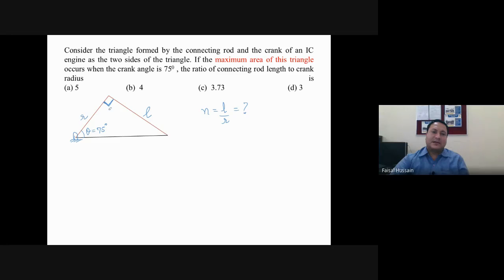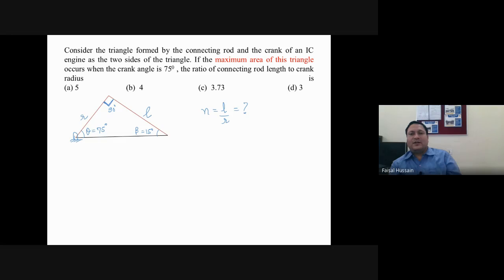When this angle is 90 degree, this is beta, and beta will be 15 degree.